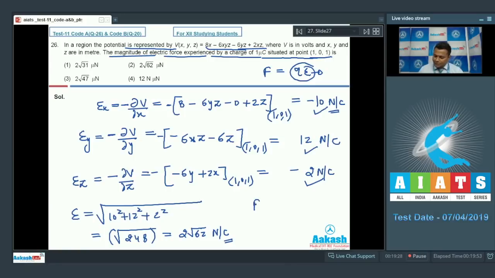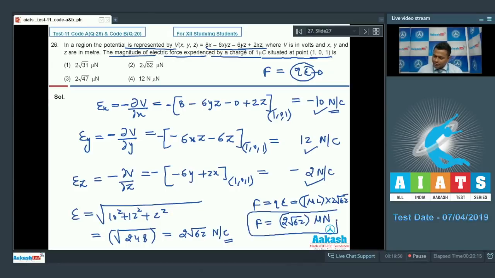Now the force will be Q into E, that is 1 microcoulomb into 2 under root 62, or F can be written as 2 under root 62 micronewton, because the unit of charge used here is microcoulomb. So that's why we can say that option number 2 is absolutely correct. So we can go with the second option.